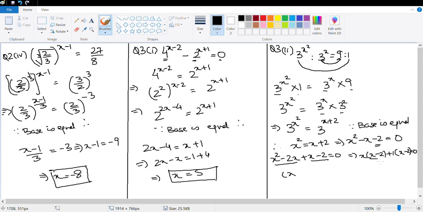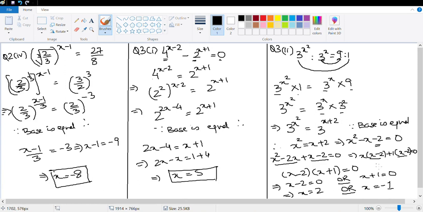Now what is common is x minus 2. So x minus 2 times x plus 1 is equal to 0, which means x minus 2 is equal to 0 or x plus 1 is equal to 0, which means x is equal to 2 or x is equal to negative 1. So there are two solutions for this question.